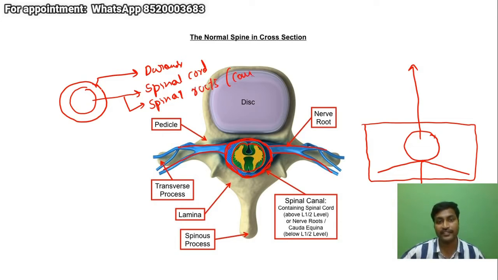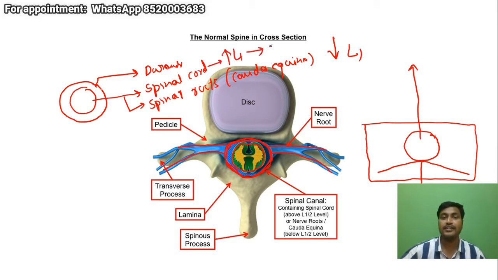If it is below L1, the roots are the cauda equina, and if it is above L1, we'll be finding the conus medullaris, that is spinal cord. Okay, so this part of my head is clear. So what is made by this?